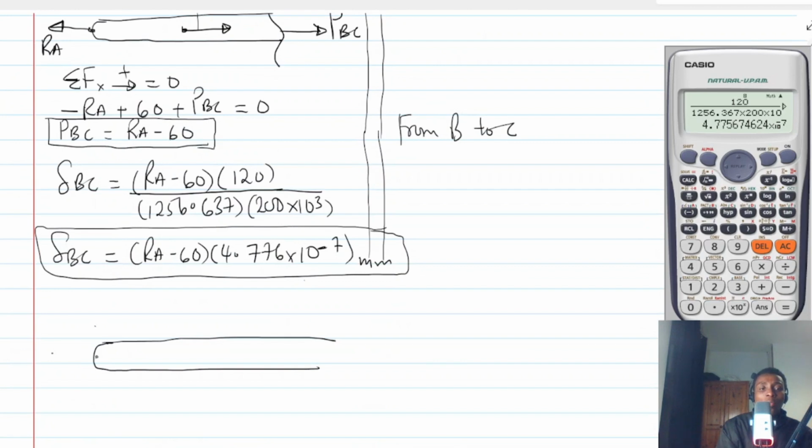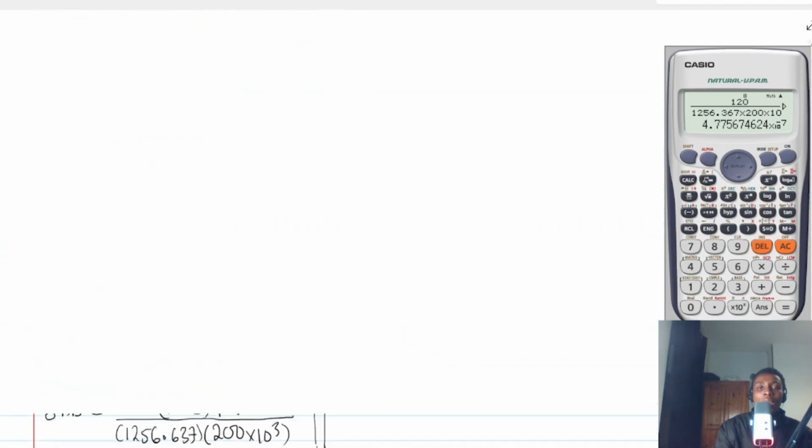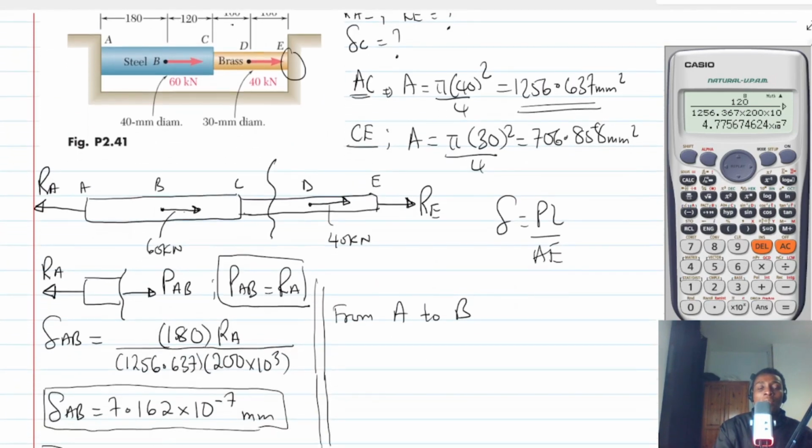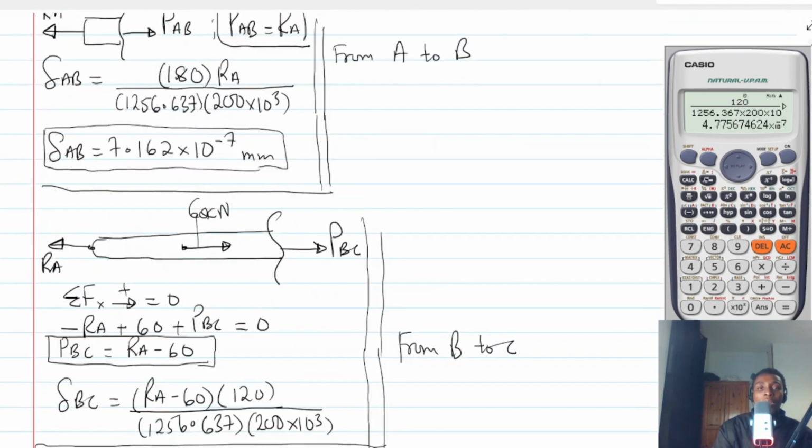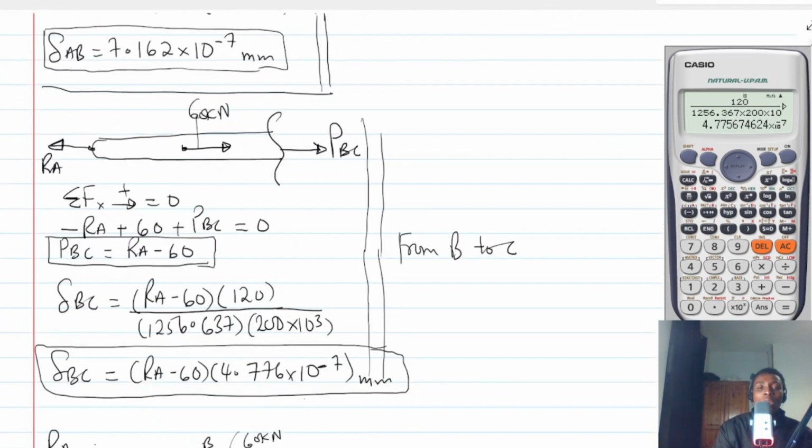So RA will come as usual, and if this is point A, B will come, and we know that there is a load of 60 kilonewtons at B. So that one will come, and then C will also come.